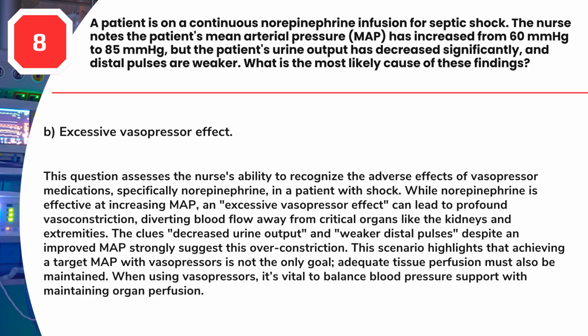The clues, decreased urine output and weaker distal pulses, despite an improved MAP, strongly suggest this overconstriction. This scenario highlights that achieving a target MAP with vasopressors is not the only goal. Adequate tissue perfusion must also be maintained. When using vasopressors, it's vital to balance blood pressure support with maintaining organ perfusion.